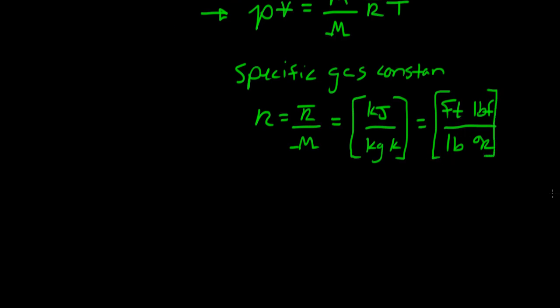The specific gas constant is different for every substance. Substituting this definition, we arrive at a functional form of the ideal gas equation of state on a mass basis. Pressure times volume is equal to the mass times the specific gas constant times the temperature.